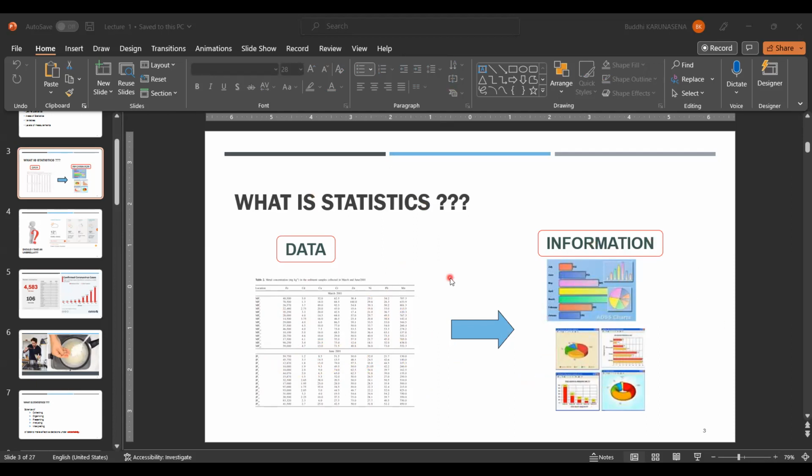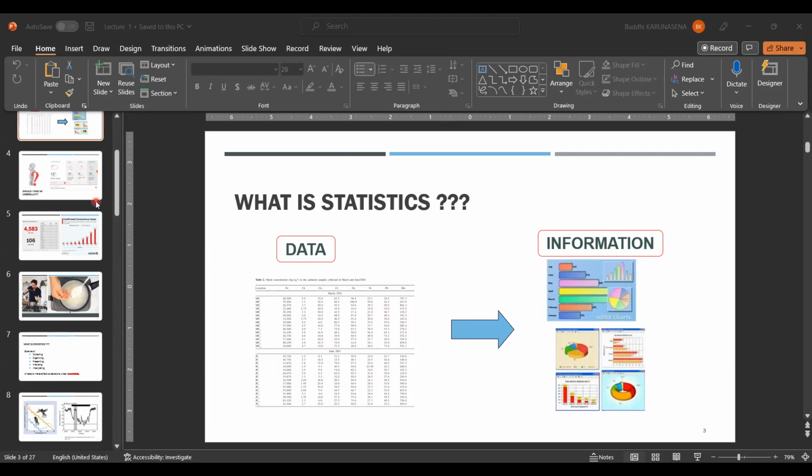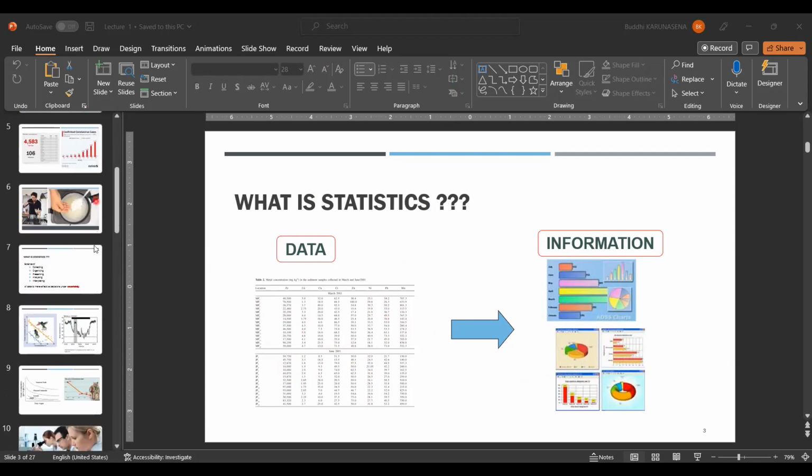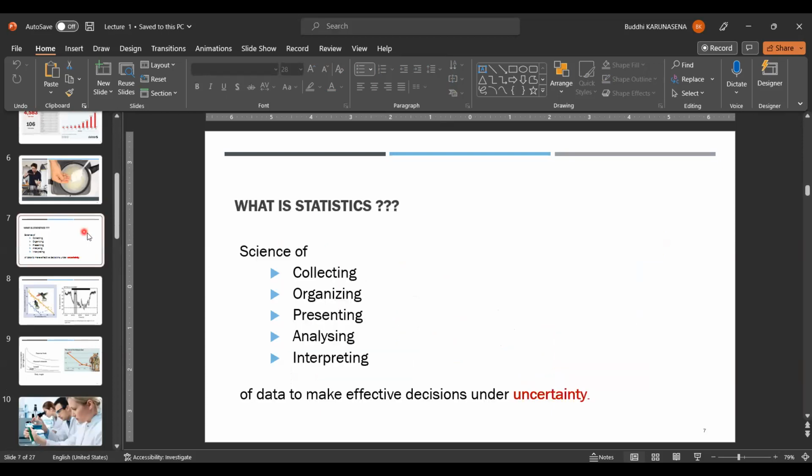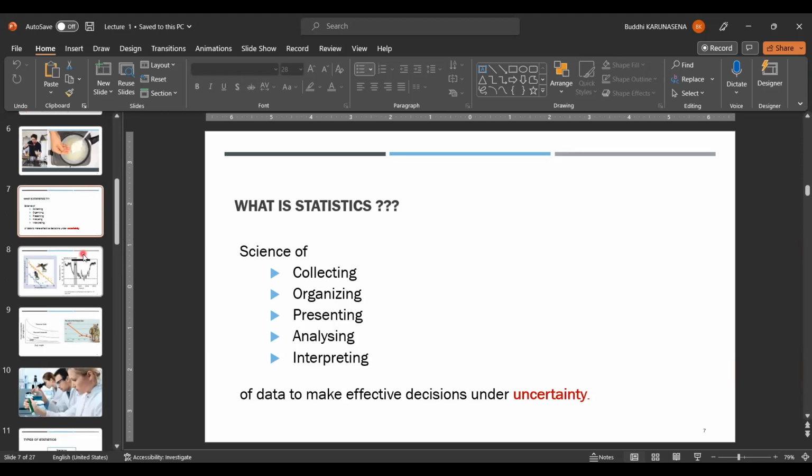In every process of extracting valuable information from a data set, we have to use statistics, right? Okay, so that's about the basics of statistics, how we can define this term. Right. Okay.